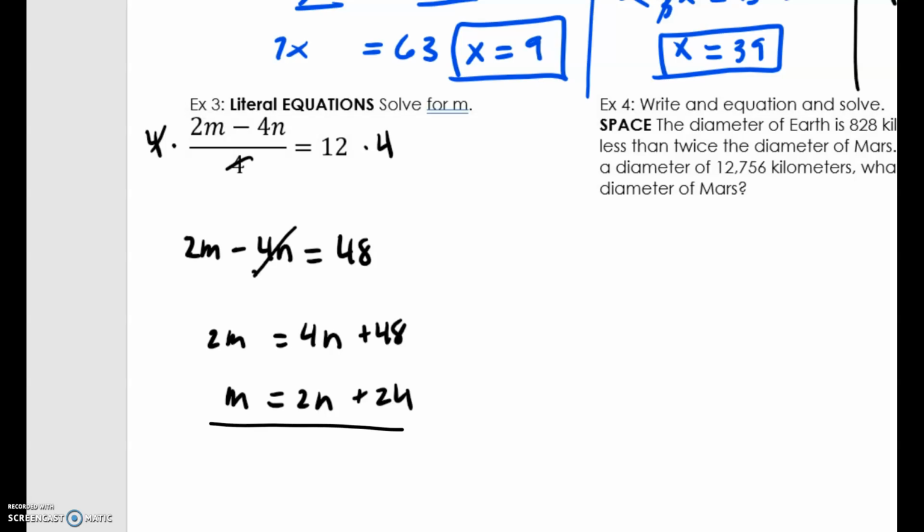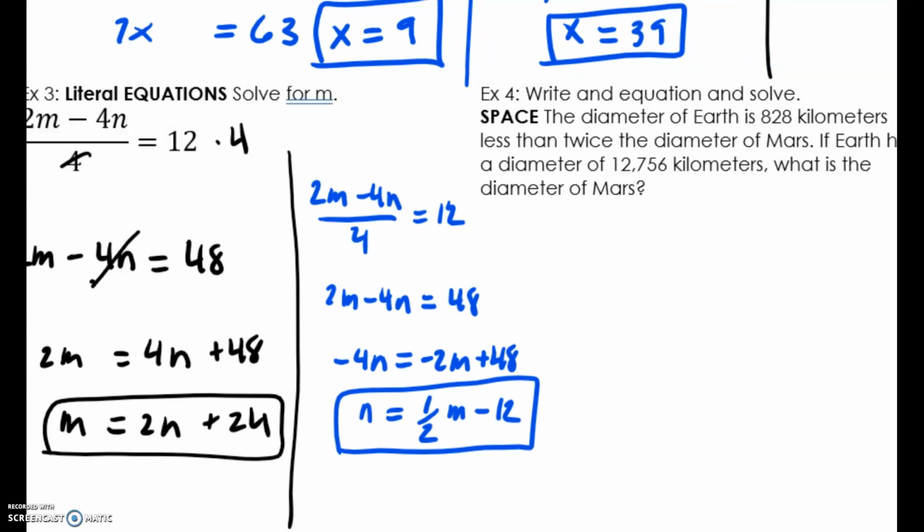So that's what m is equal to. Now I want you to pause the video and try to solve for n right beside this one. See if you can isolate the n. I got n is equal to 1/2 m minus 12. If you need to take a look at that work, you can pause the video and do that.